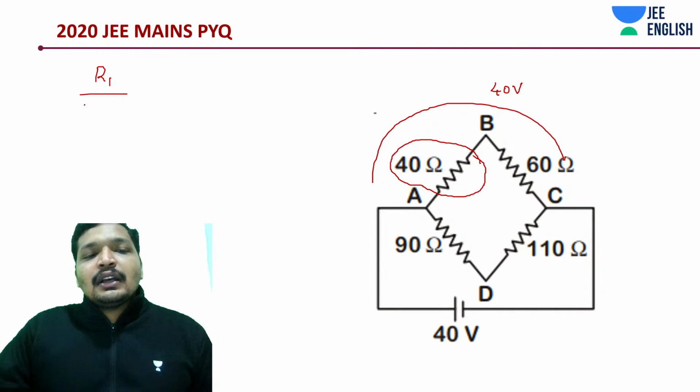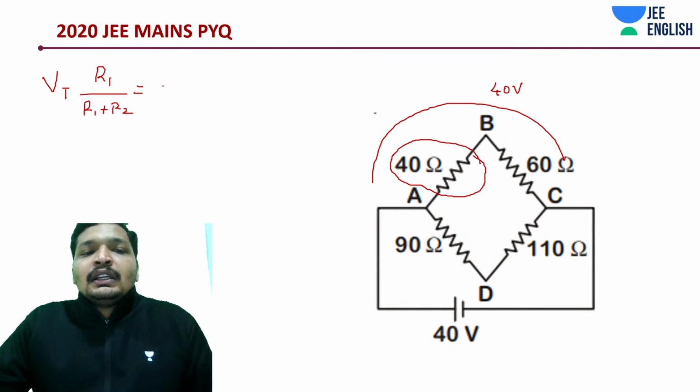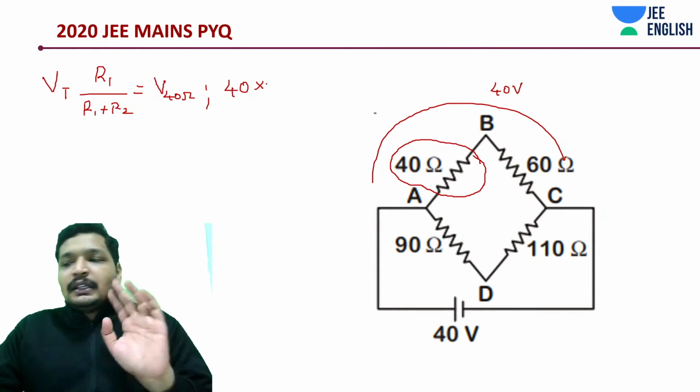In series, if you remember, whatever is the total potential is going to be divided. The total is 40 volts, and that has to drop between A and C.